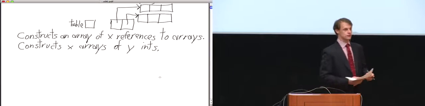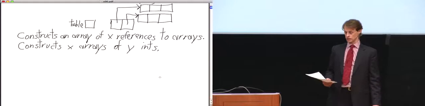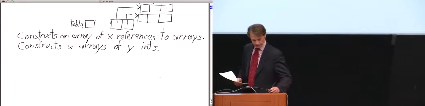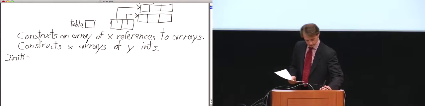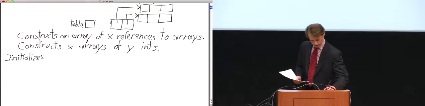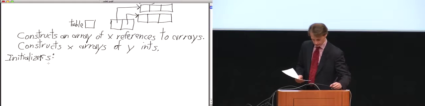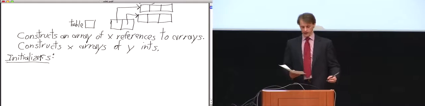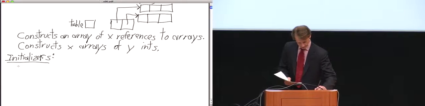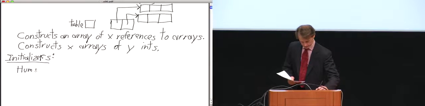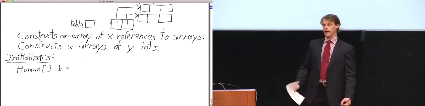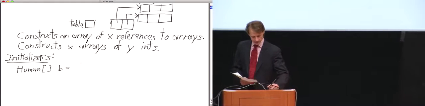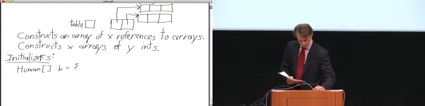Another useful way to construct arrays, including multidimensional arrays, is through what are called initializers. An example of an array initializer is, I'm going to declare an array of humans called B. And when I declare it, I'm going to immediately assign it an array, and that array gets constructed on the spot when I do this.